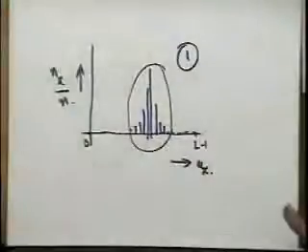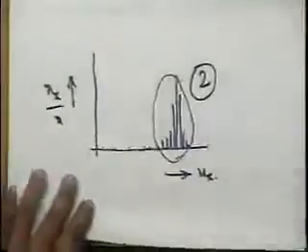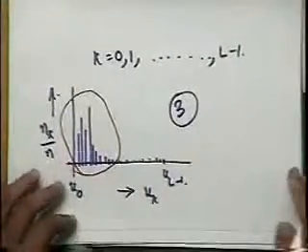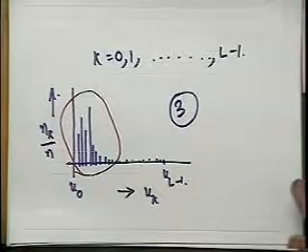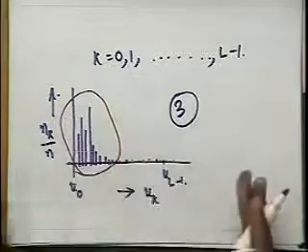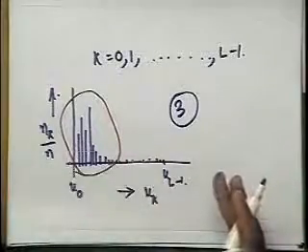So by observing histogram number 3, or histogram number 2 or 1, one conclusion we can draw is that if it were possible to modify the histogram in such a manner that we could utilize the entire dynamic range from 0 to L minus 1, then the image would obviously look better, at least from a contrast point of view.